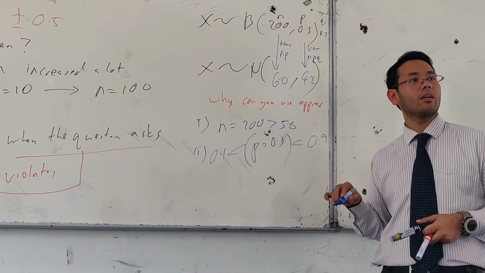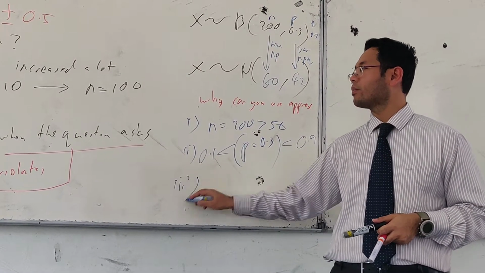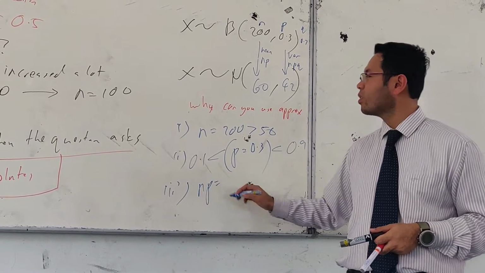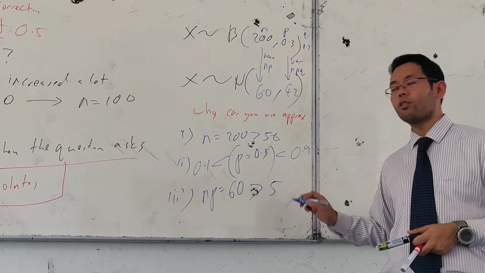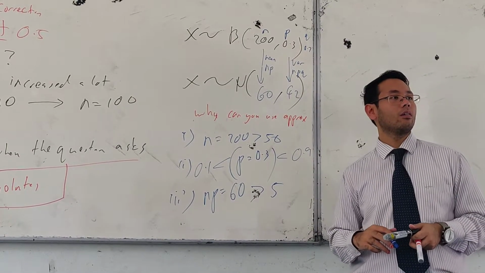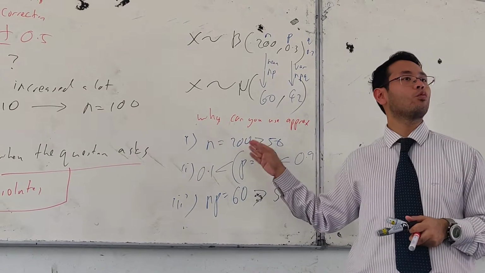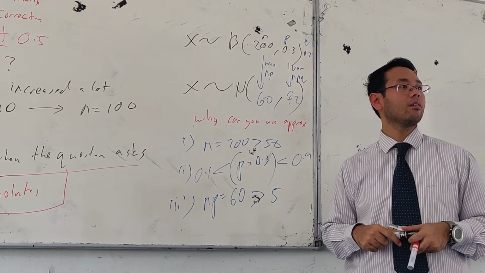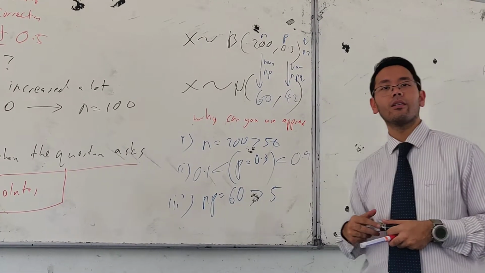And finally, my np is equal to 60, which is more than 5. Alright, you need to show this for you to gain those 3 marks if they ask you why can you use normal approximation, understand? So it depends on who memorized it or not. Okay, yeah.